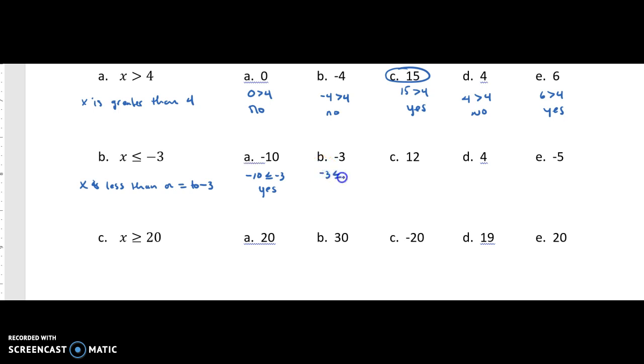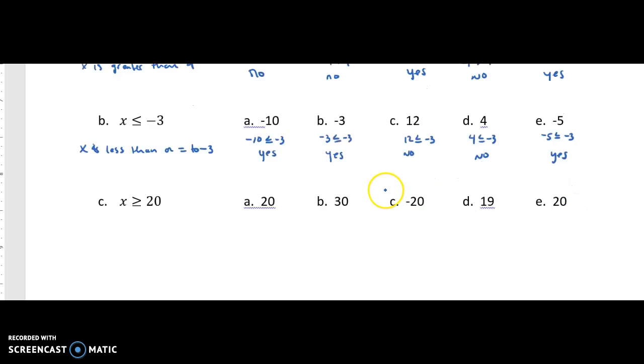Is -3 less than or equal to -3? Since they're equal, right, and that little line's underneath, that is a yes. Is 12 less than or equal to -3? That's a no. Is 4 less than or equal to -3? That is a no. Is -5 less than or equal to -3? -5 is smaller, therefore it is yes.